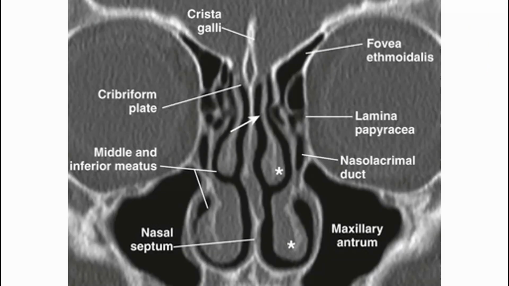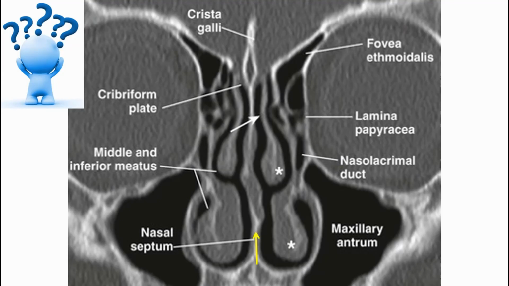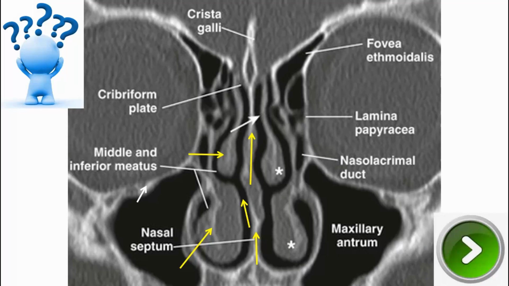This image may look strange to you, and it is a CT scan of a coronal view of the face, where you can see that here is the nasal septum, and this is the orbit, and underneath it is the maxillary air sinus, and the nasal septum continues up, and you know which bone this is.